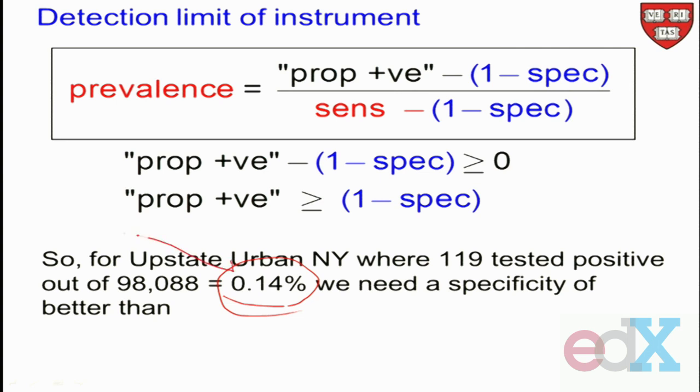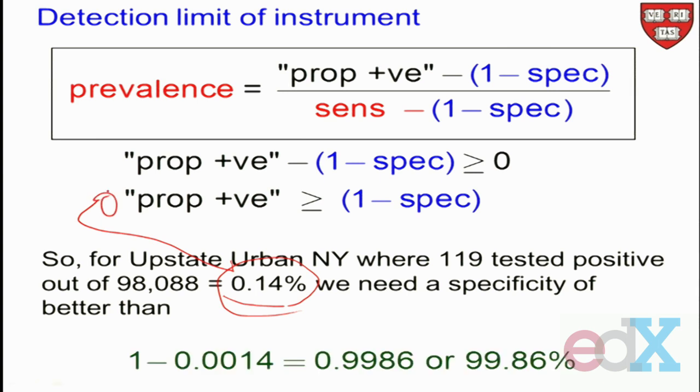So if we plug this in here, what does that tell us about the specificity? We get that the specificity has to be greater than or equal to 99.86%. It's a tall order. So we don't expect that indeed these 119 were truly positive. In order to detect that, we would need a very, very precise measuring instrument, better than 99.86% specificity.